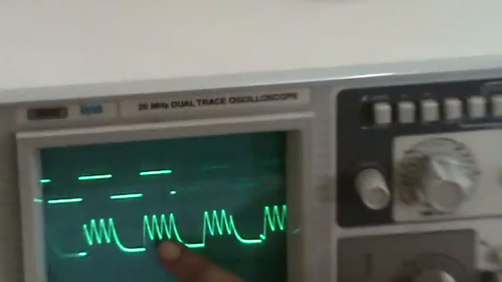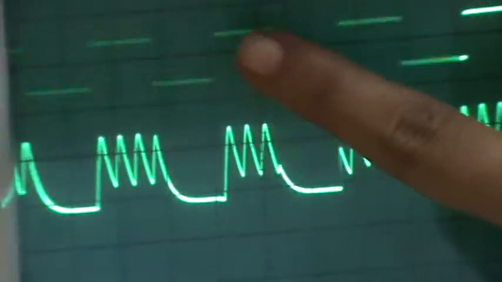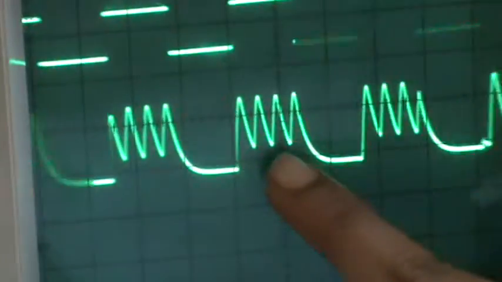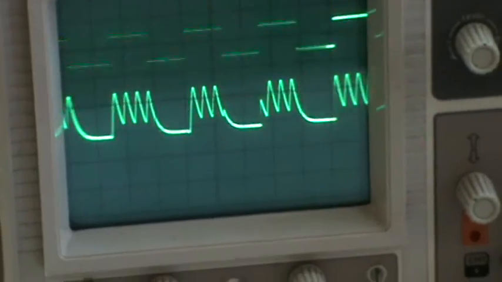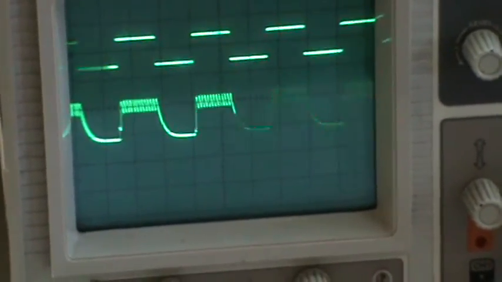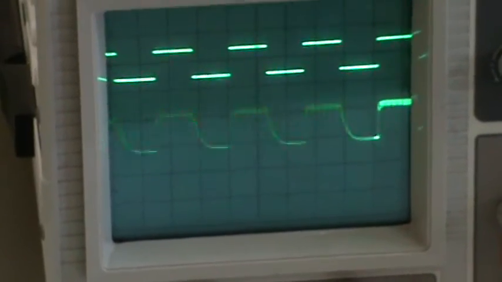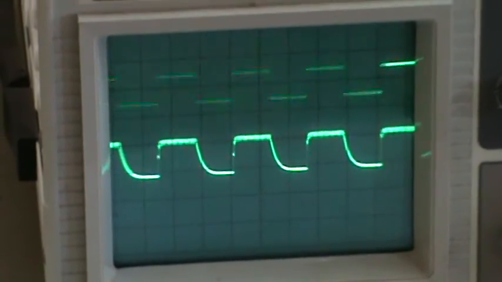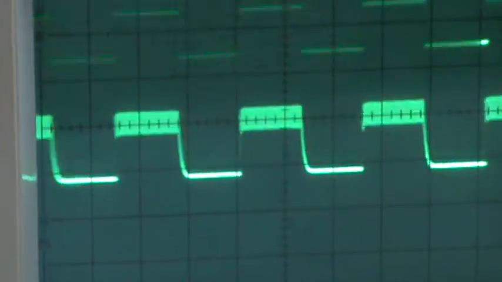When you see here, we should get the message signal, that is the exact keying data, but you can see some variations, due to the carrier frequency. When I slightly increase the carrier frequency, we get almost complete demodulation, but there is a slight variation in the demodulated output due to some change in the capacitance.